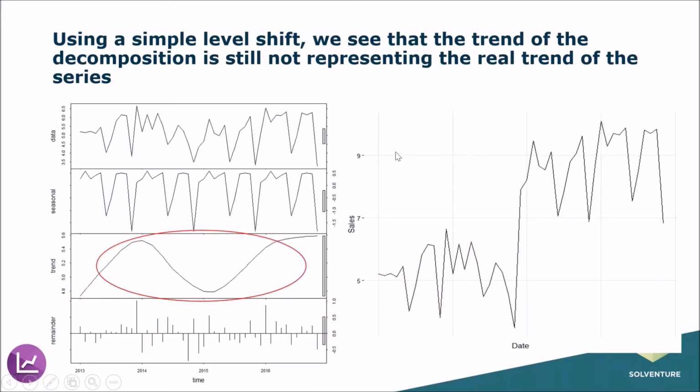If we look at the pattern where the event has been taken into account, this is the data where we have taken off the acquisition. This is the estimate of the seasonality. This is the estimate of the trend. And you see that there seems to be a kind of overreaction.